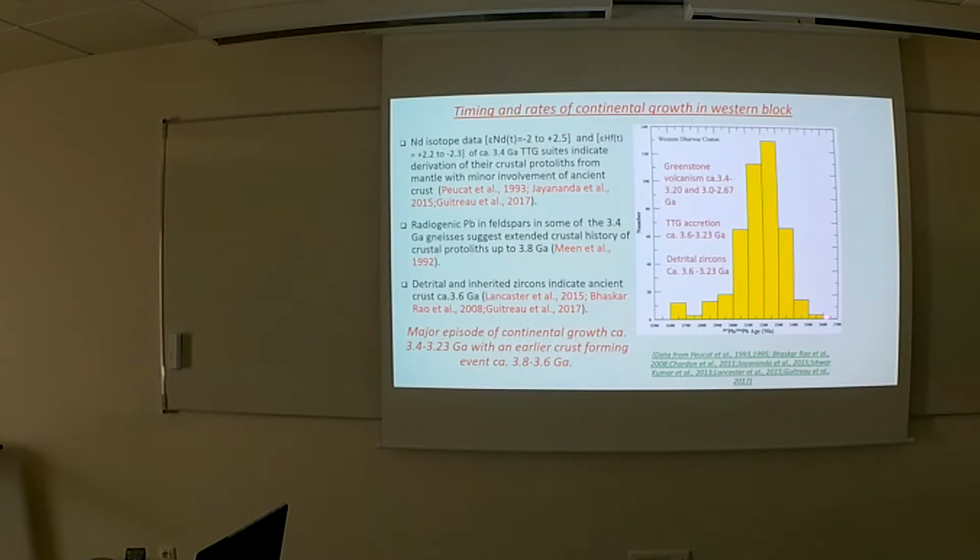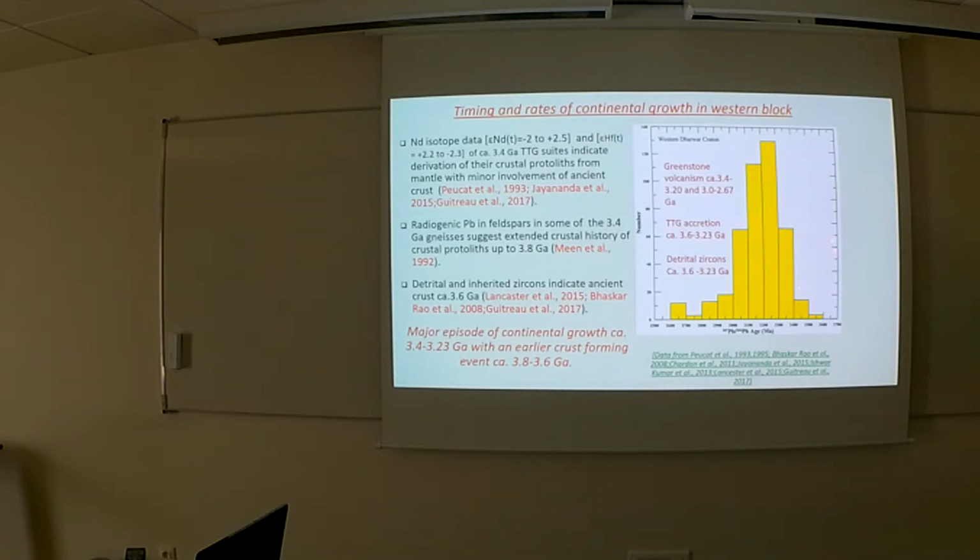So right from 3600 to 3400 a very small event, but 3400 up to the major 3100. Then there is another event 3000 to 2900. Then we have these small sporadic events here. So the major crustal growth here is around 3400 to 3200. This is the major episode of crustal growth in the western block.